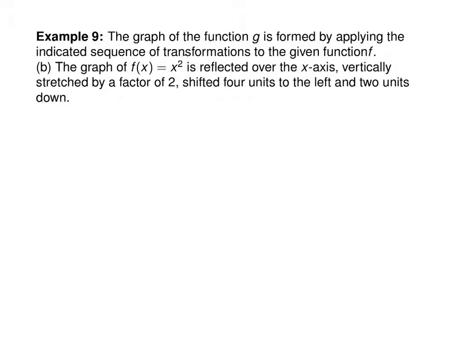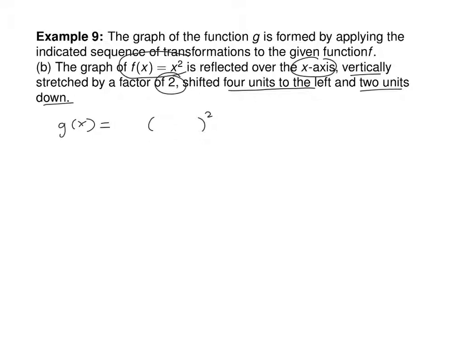This one, the graph of x squared, is reflected over the x-axis, vertically stretched by a factor of 2, shifted 4 units to the left and 2 units down. Okay, so the equation for g of x, Phil, we know we have a squared, right? Because it said x squared.